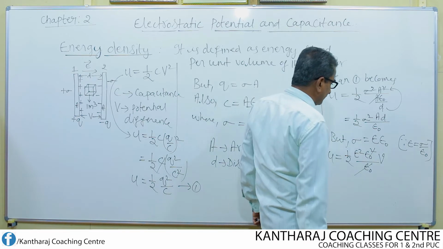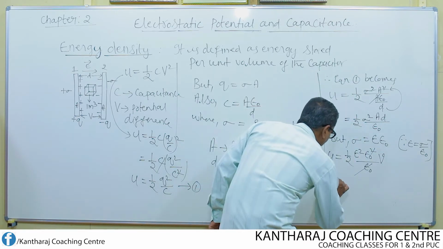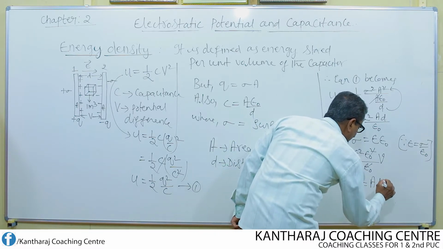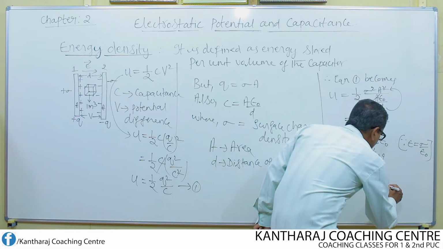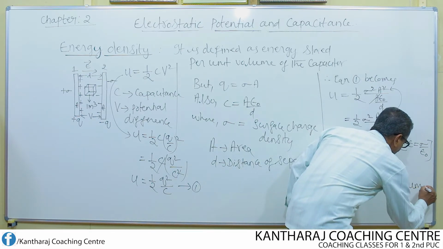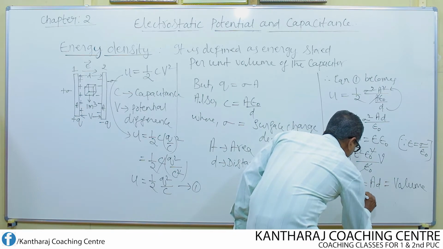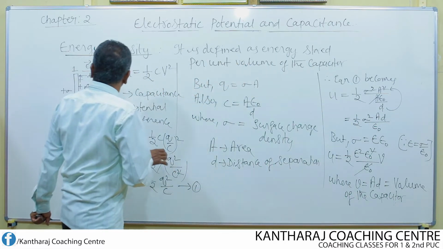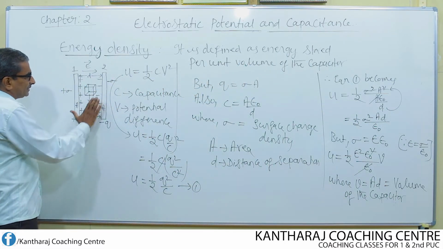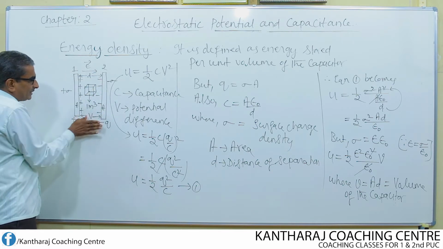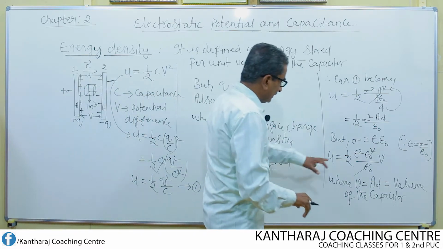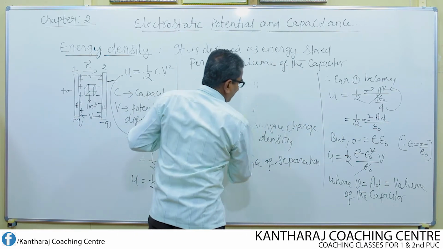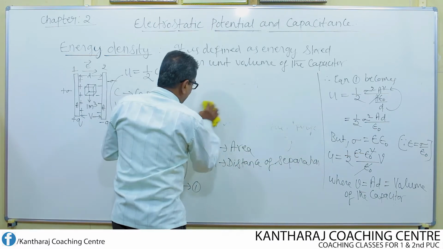Here V equal to the area of each plate multiplied by the distance of separation between the two plates is nothing but the total volume of the capacitor, the volume of the space between the two plates. Then we get the equation like this.